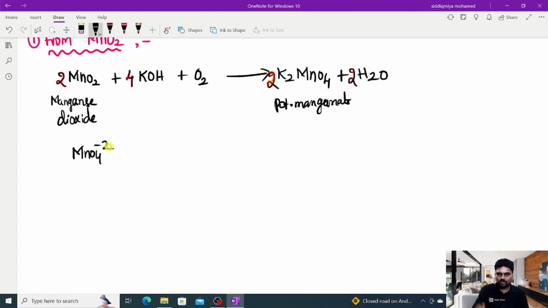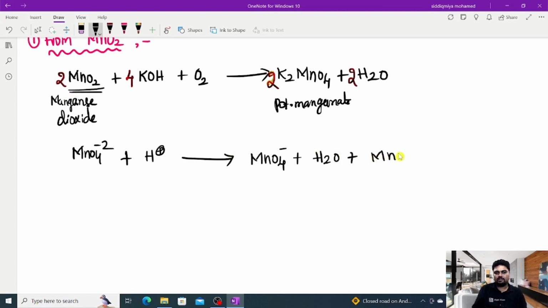The manganate ion, when treated with acid, gives the permanganate ion MnO4 minus, plus water, and the reactant manganese dioxide comes out again.